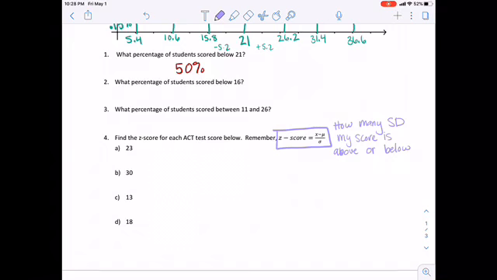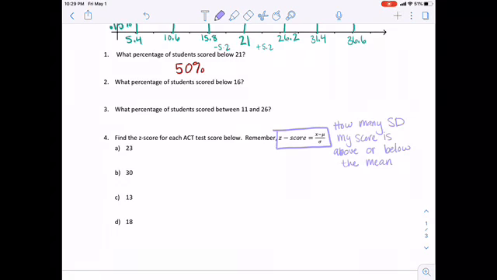And once we know what our z-score is, or in other words, once we know how many standard deviations we are, either above or below the mean, we can use that information to figure out what percentage of students scored either higher or lower than we did.